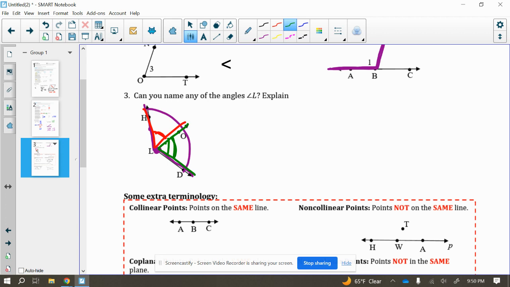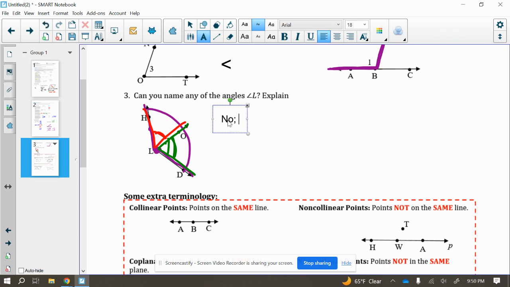Okay, so the problem is angle L isn't a very descriptive name. There is not a specific enough note of which angle we would be talking about.